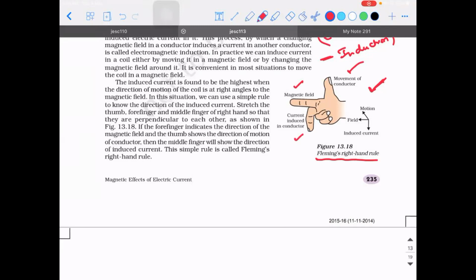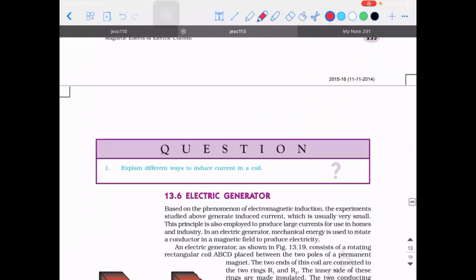Remember, movement of the conductor. Similarly, the forefinger represents the field, and the central finger represents the direction of the induced current. Okay, so this is the outline, guys.